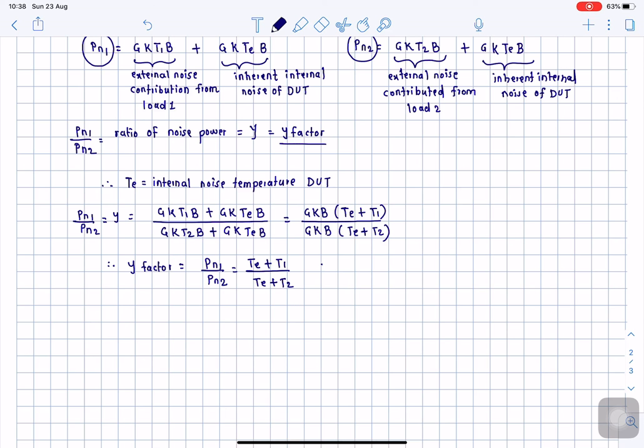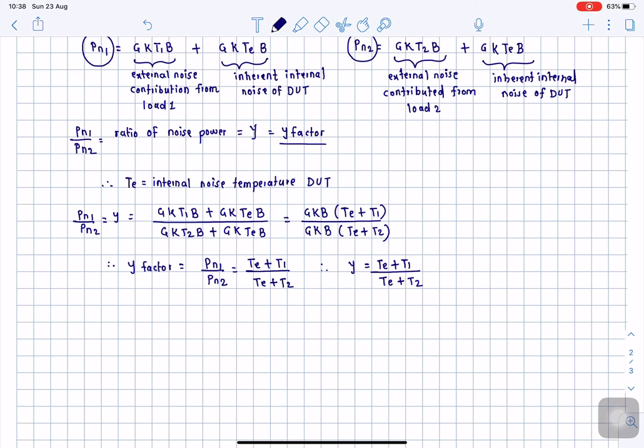Therefore Y is equal to Te plus T1 divided by Te plus T2.